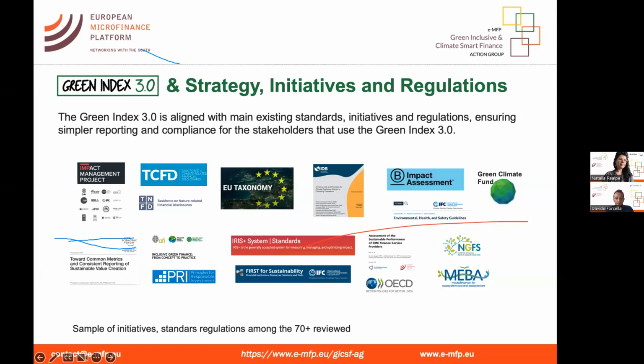Here you see some of them; probably you know the EU taxonomy, some of you heard about that. So that once you fill in the Green Index 3.0, you will be able to align your assessment with the various standards that yourself, your management, as well as your regulators and investors are or will be looking at. So it sort of facilitates your life here. Next slide, please.